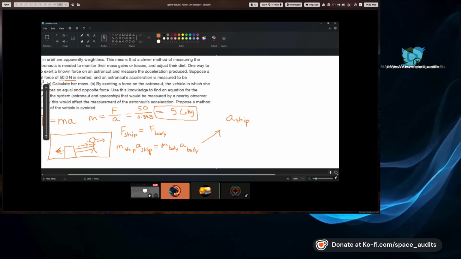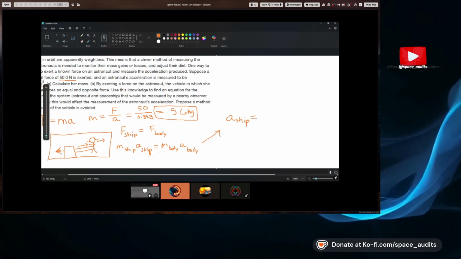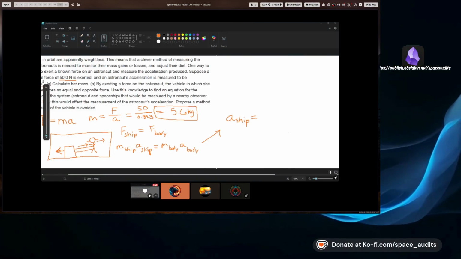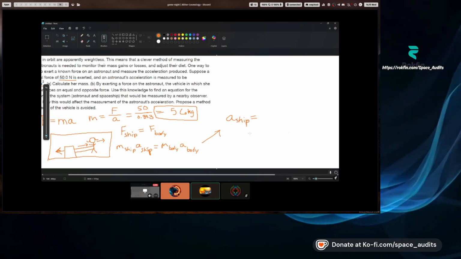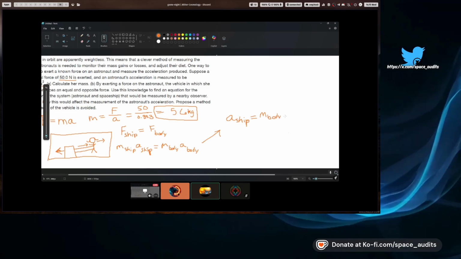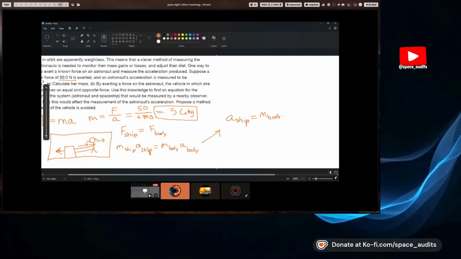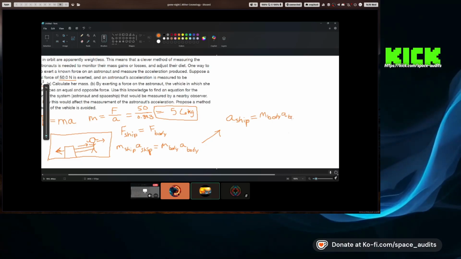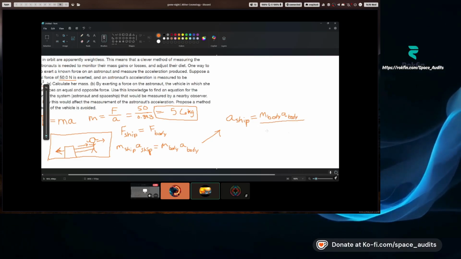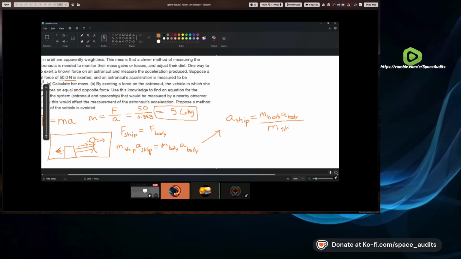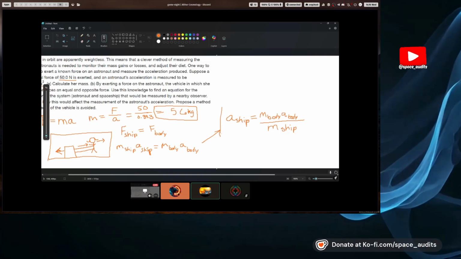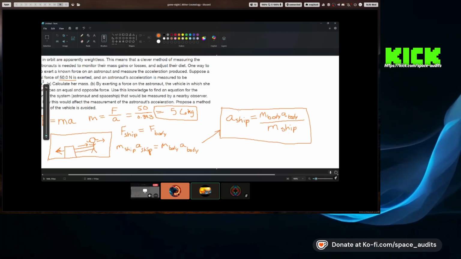This is the answer they're looking for. A ship equals what? It would be m body times a body, all over m ship. That's it. So there is our answer.